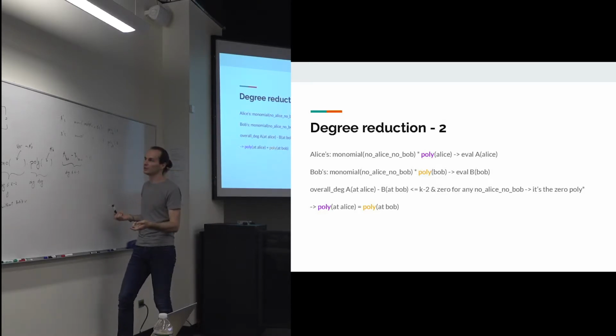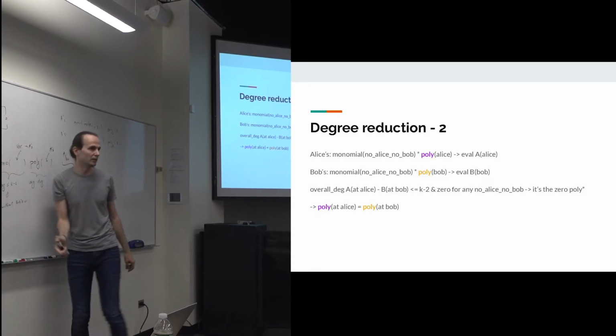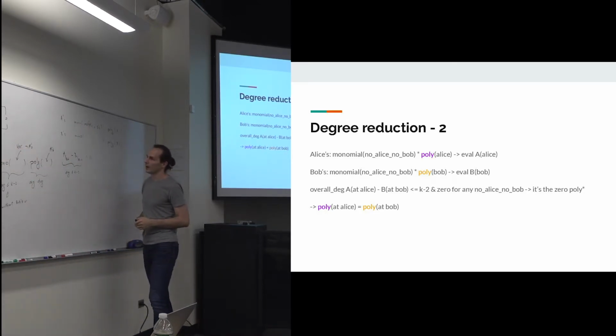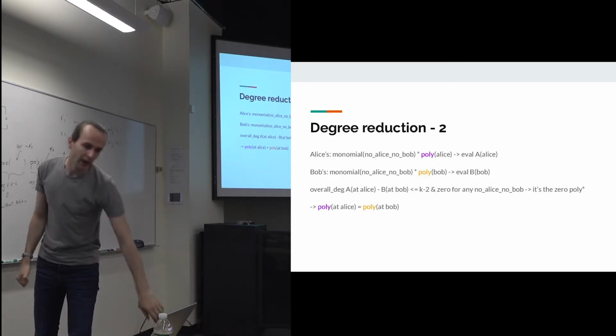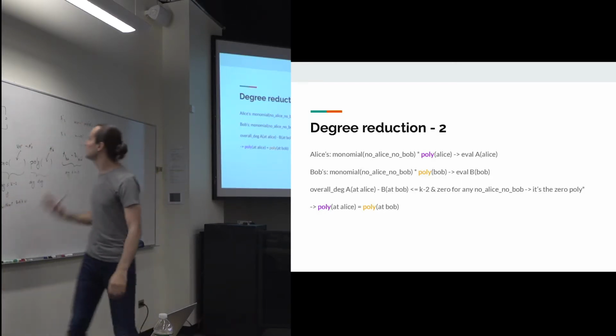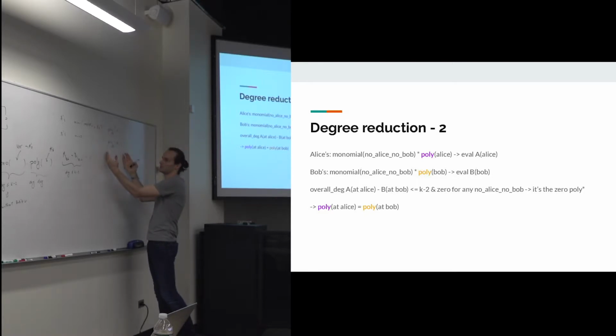Because if it wasn't, then these two would be different. Okay. And so that means that when I look at these two contributions for this monomial, they must be the same.